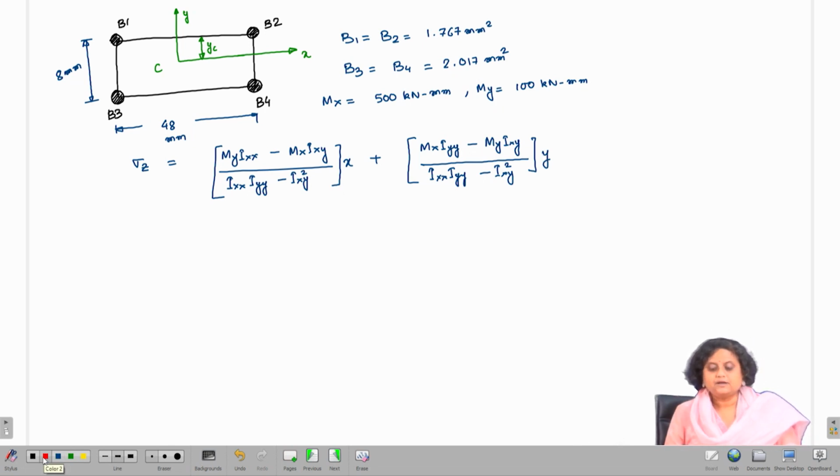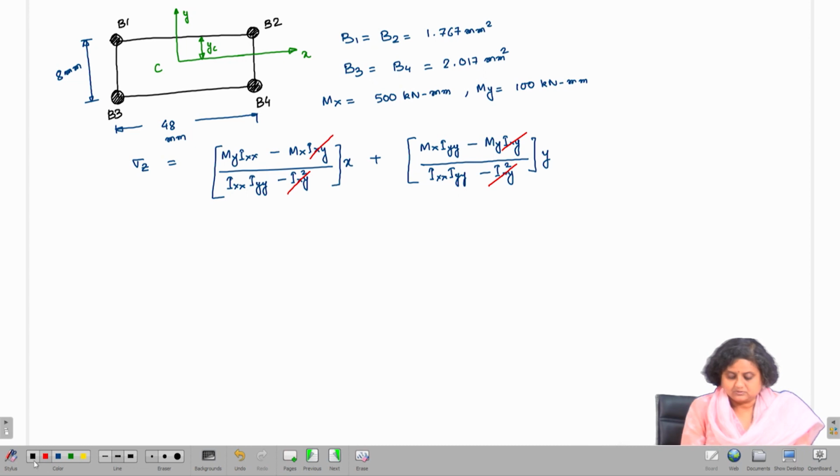Now, since this cross section has a symmetry about y axis, Ixy is going to be equal to 0. So, this is going to be gone, this is going to be gone and this is going to be gone.